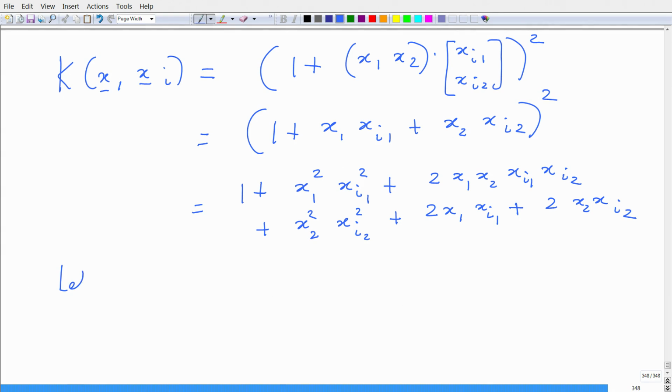So let us express this kernel as an inner product of phi of x and phi of xi.